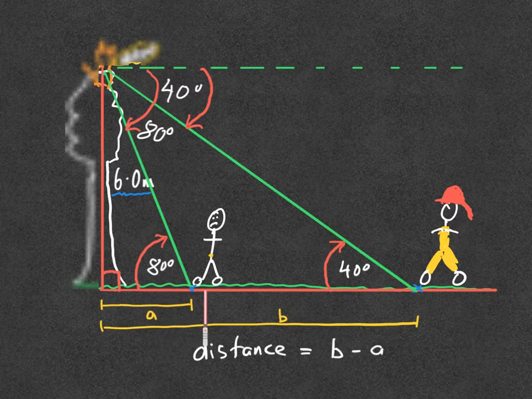Here we see they're both in the same direction from the tree. What if the fireperson wasn't along the same direction, but instead they moved somewhere else?